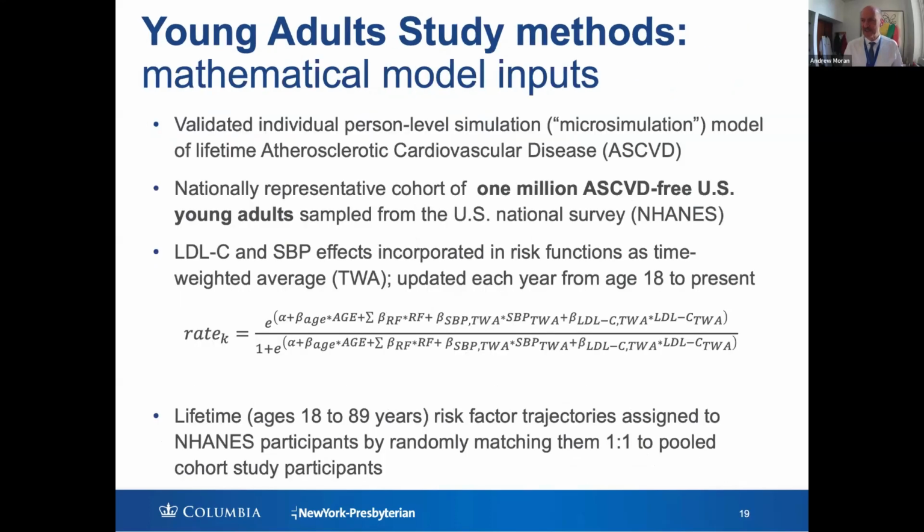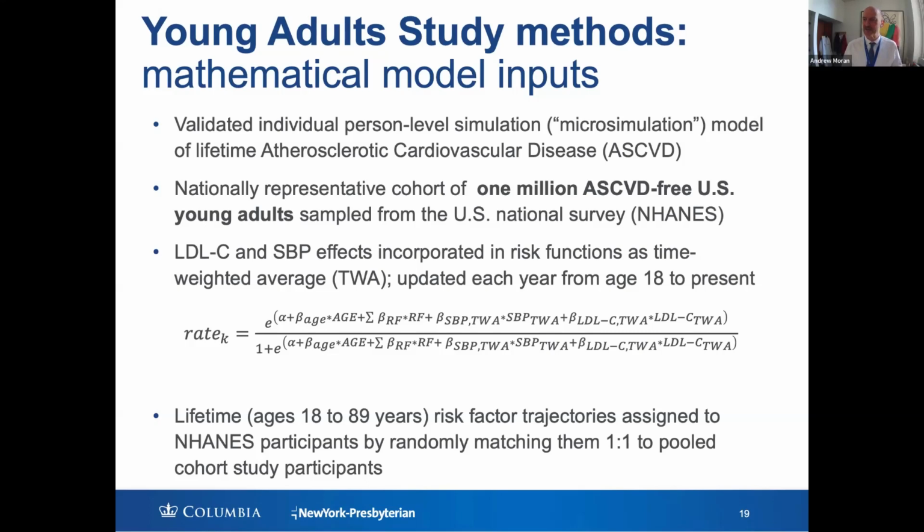So this is getting into some of the guts of this mathematical model. It's a microsimulation model. That means we simulate individual people going through from year to year. It's nationally representative. And the key thing for this research is that we developed a prediction model of ASCVD events that included the time-weighted average cholesterol.